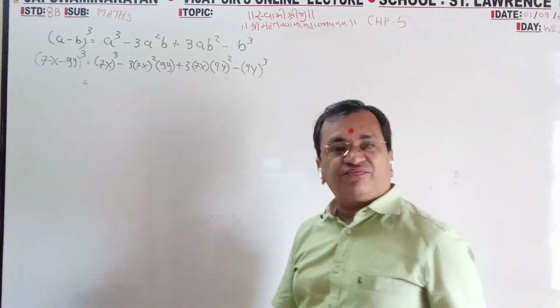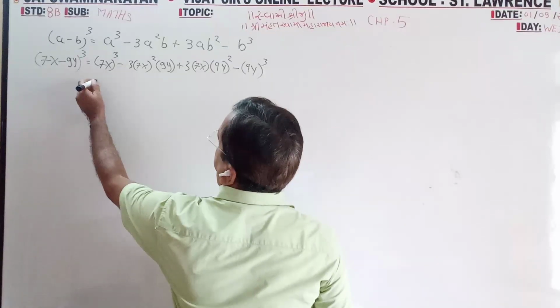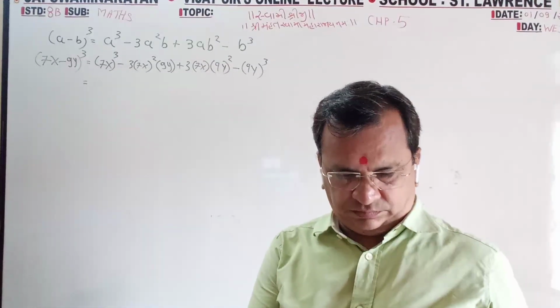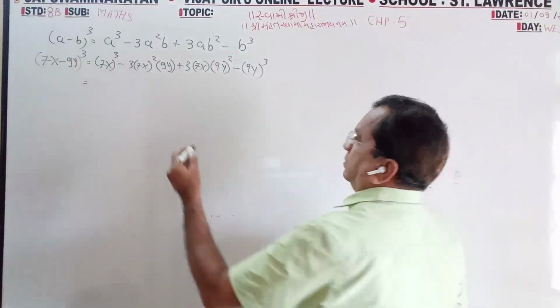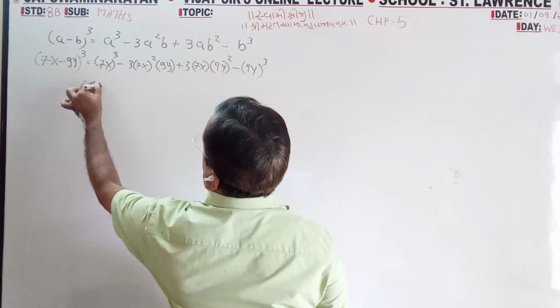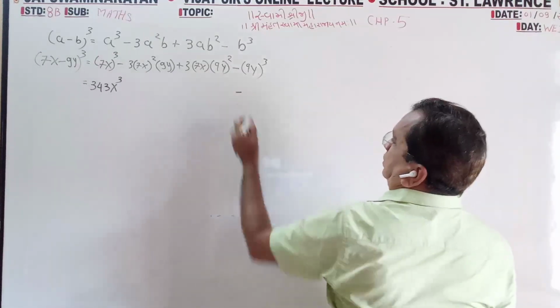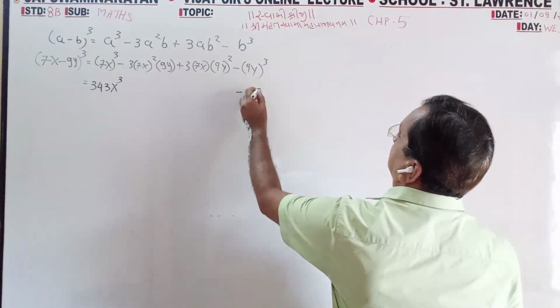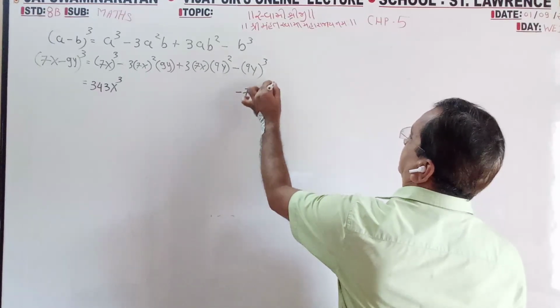7 sevens are 49, 49 sevens are 343. This is 9 nines are 81, 81 nines are 729.